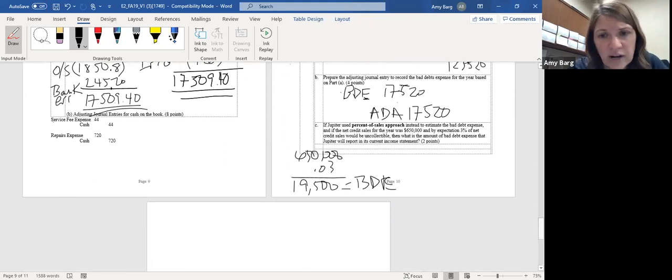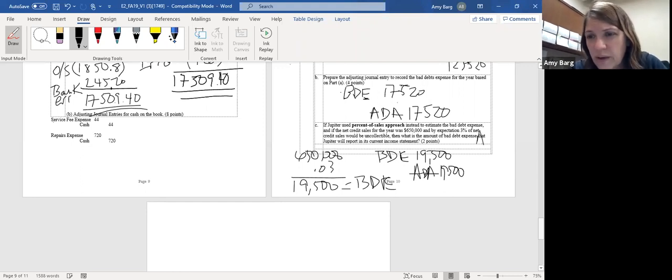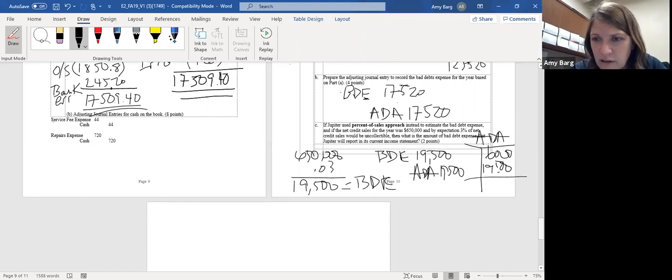This time, they're not asking you to do the journal entry, but if they were, it would be bad debt expense of 19,500 against the allowance for doubtful accounts of 19,500. And if you had that allowance account with that 6,000 in it, you would just add this 19,500 to it.